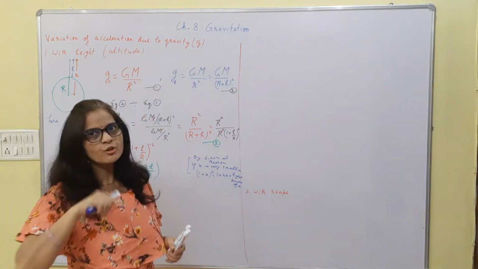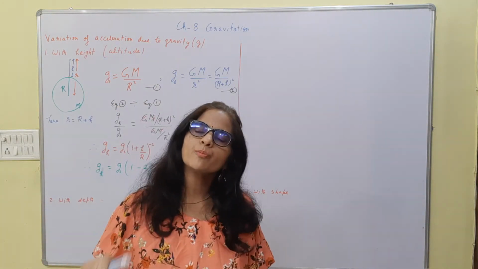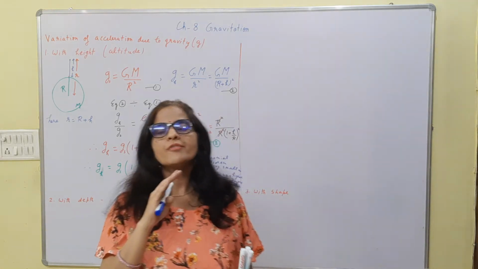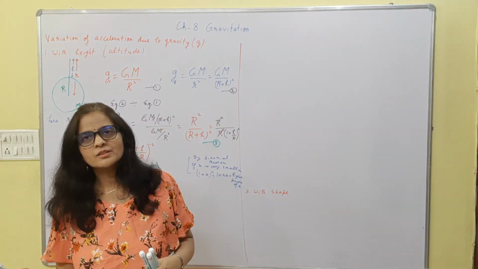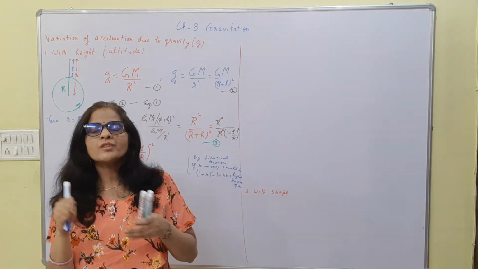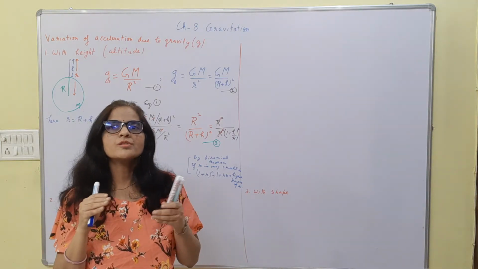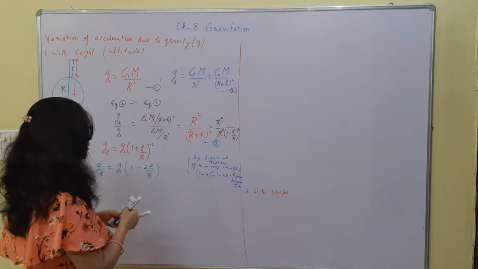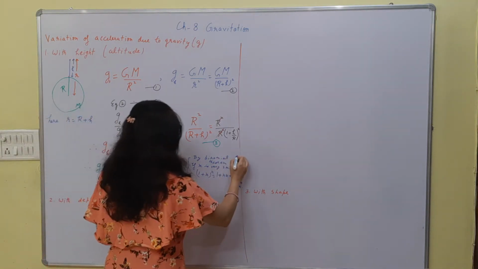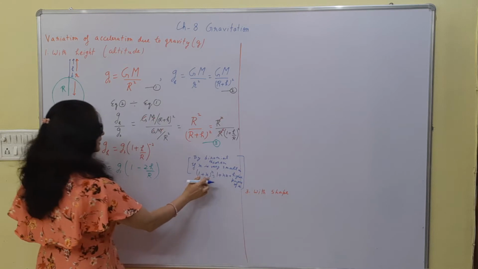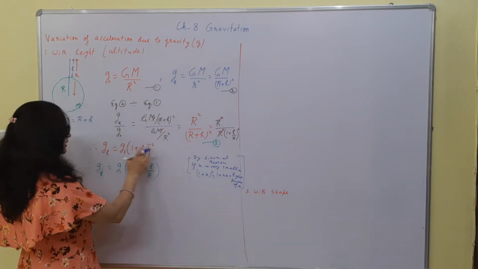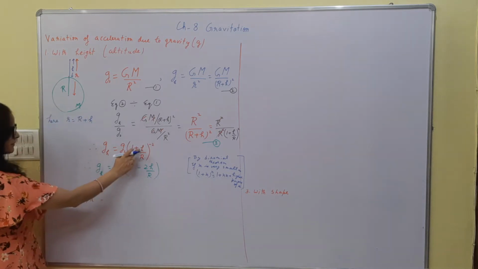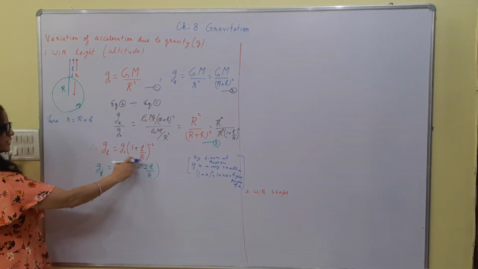If we have 0.1, then the square of 0.1 is 0.01, right? So if we take another square, 0.01 whole square will be 0.0001. So higher powers can be neglected because this will be very, very small. So we can simply write it 1 plus nx. Here if we take this as n, this as x, now this condition is applied because h upon R must be very, very small.